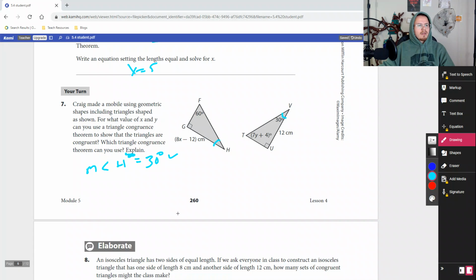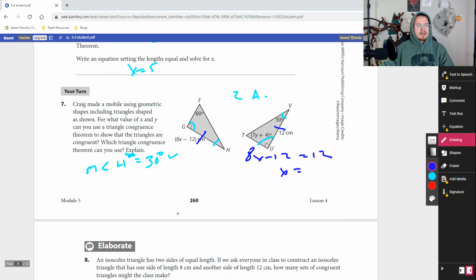You already know that G and U are congruent, so we have two angles, right? And if we can say that this is congruent to this, then we can prove by ASA that they are congruent to each other. So what you would do is set 8x minus 12 equal to each other.